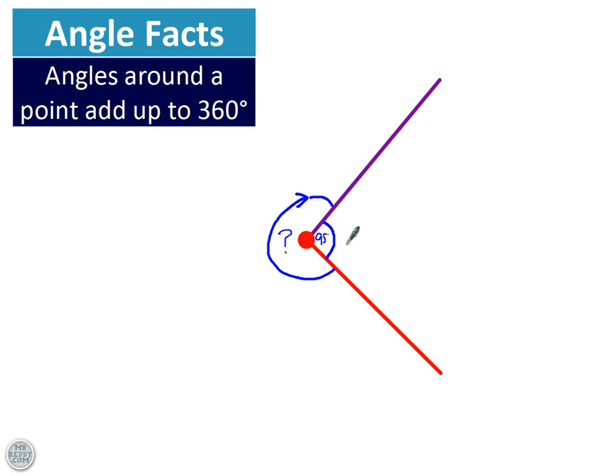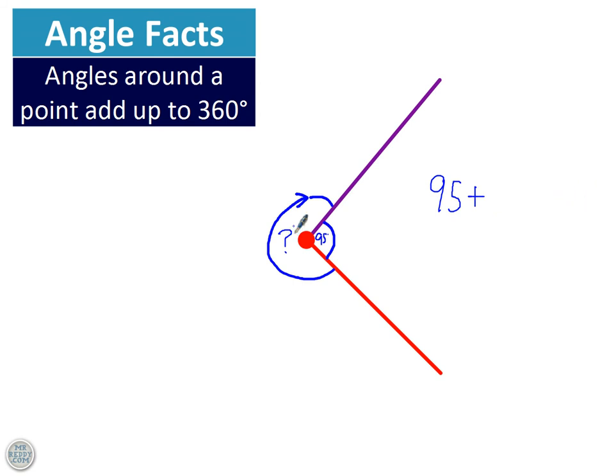What we do know, though, is that the 2 of them together make 360, because all the way around that point, remember, we discovered that it was a 360 degree angle. If we know that that's 95, then 95 plus something equals 360. And I'm pretty sure you could work out what that is.